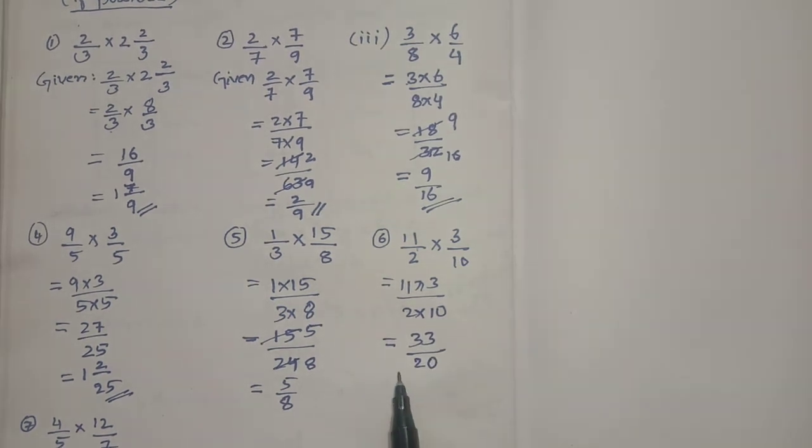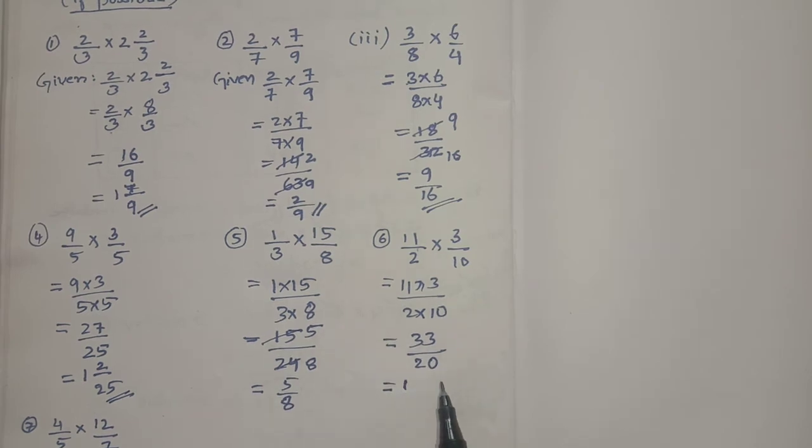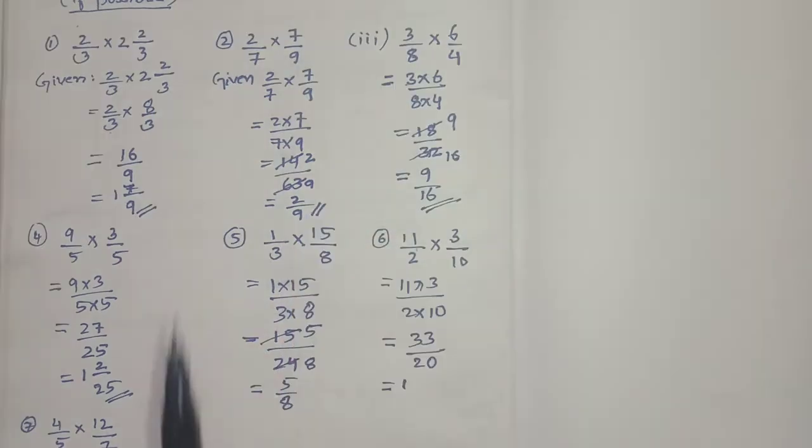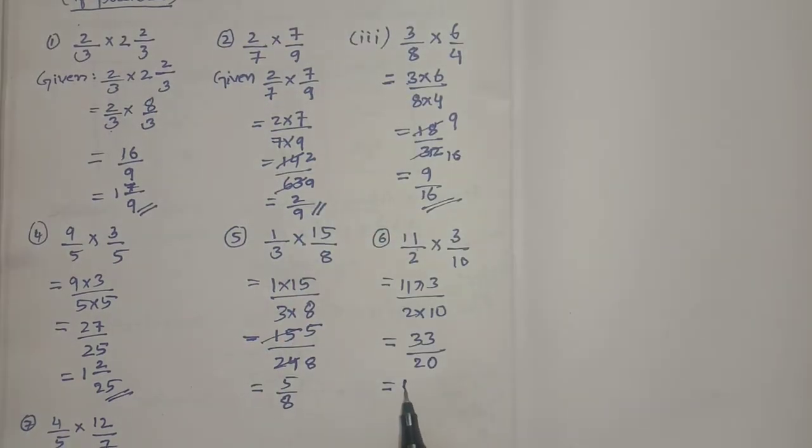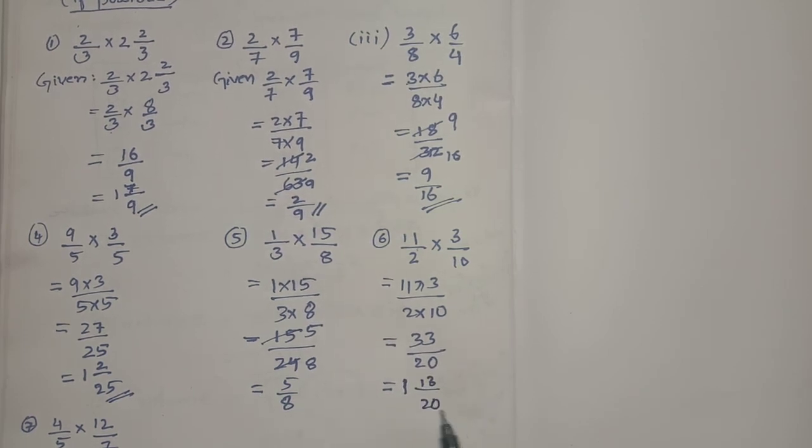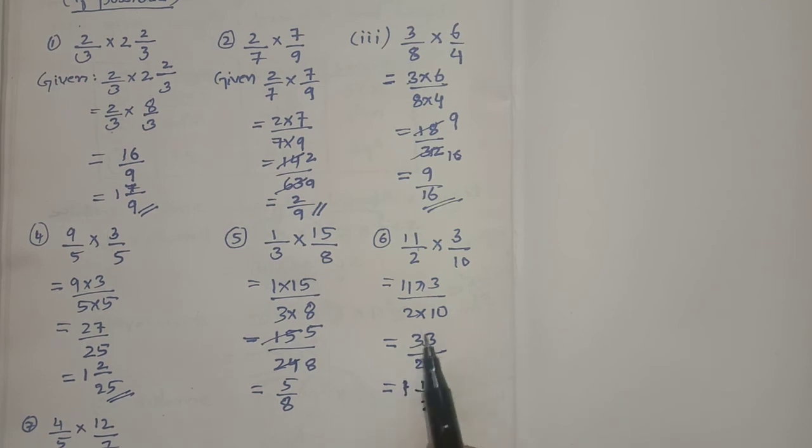Now let's convert it into improper fraction, or we can also say it, reduce it to lowest form. 1 of 13 divided by 20, student. 20 ones are 20. This will already be same, only this value will change. Keep in mind, 20 ones are 20. 20 plus 13 will be 33. 33 divided by 20, student.